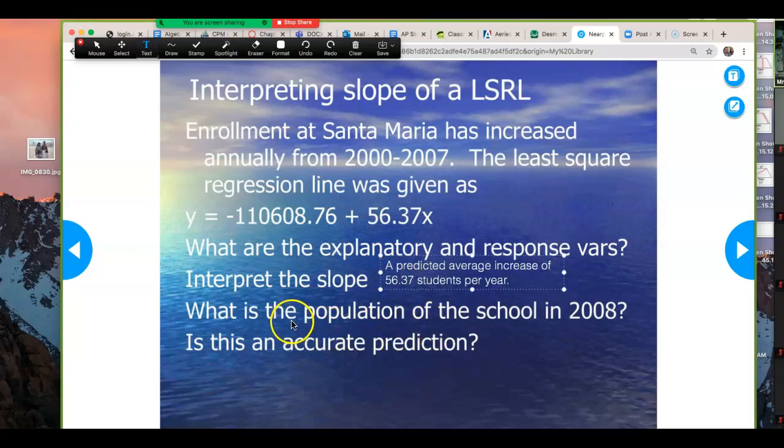Make a prediction. What is the population of the school in 2008? I'm going to use the equation to make the predicted value. Negative 110,608.76 plus 56.37 times 2008.